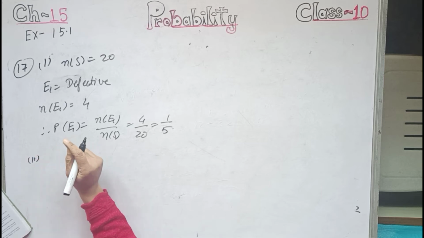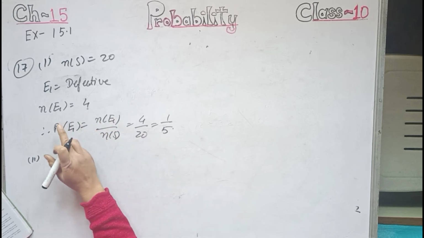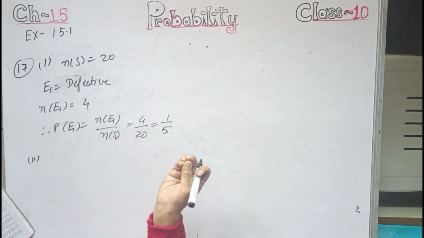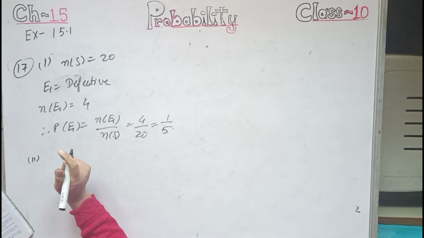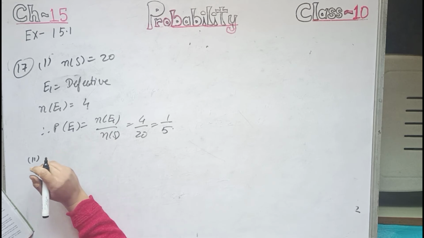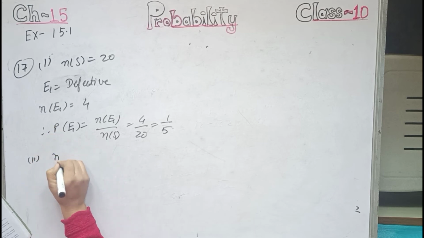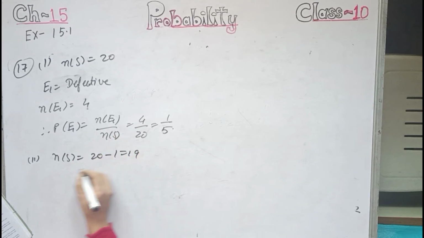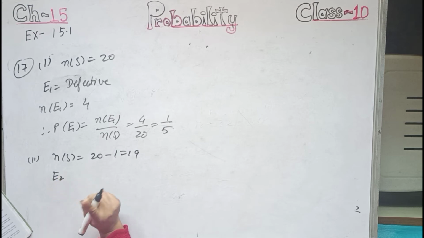Number 2, it is saying suppose the bulb drawn in number 1 is not defective. It means the bulb which I have drawn is not defective, it is a good bulb, and it is not replaced. I mean it is not kept back. Now one bulb is drawn from the rest. So over here n(S) will be equal to 20 minus 1, that is 19, and E2: the question is asking what is the probability that this bulb is not defective.